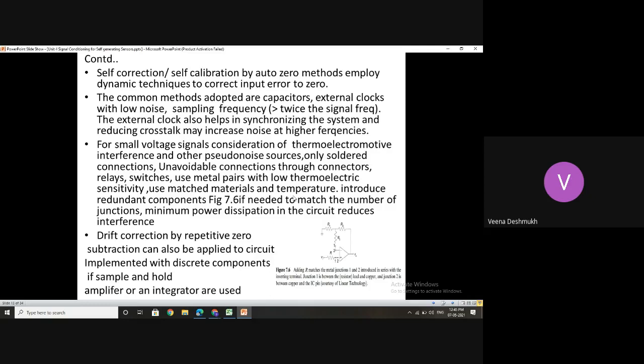If they are of wire-bound type, then between the two ends of the resistor, a small thermo EMF may be generated, which may be sensed as the voltage itself. Especially this is associated with the self-generating type.